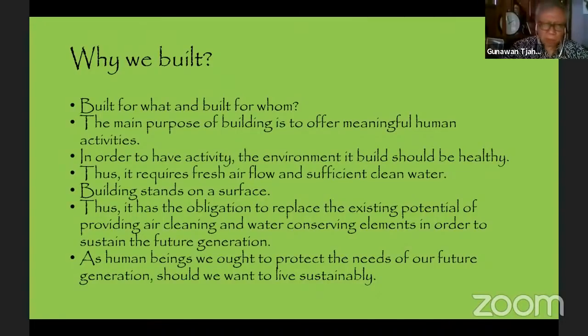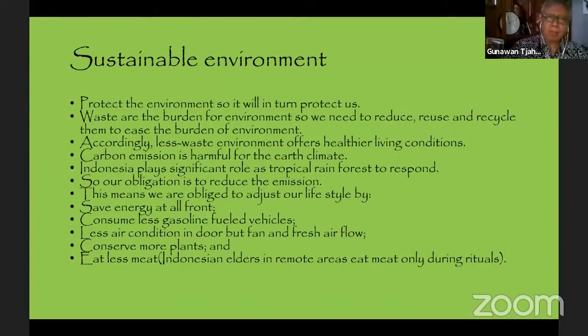I'm sorry because the rain is so hard, so it will disturb some of my voice. As human beings, we ought to protect the needs of our future generation should we want to live sustainably. So what constitutes a sustainable environment?